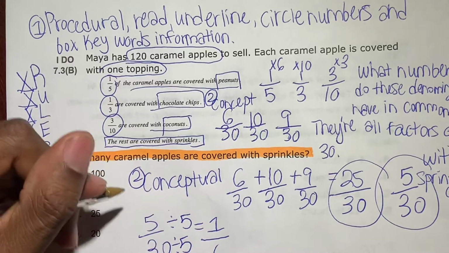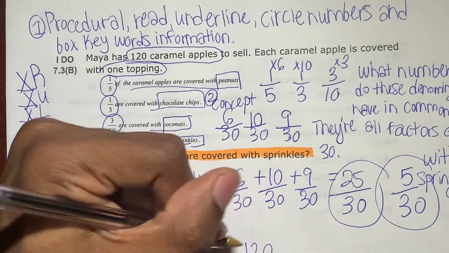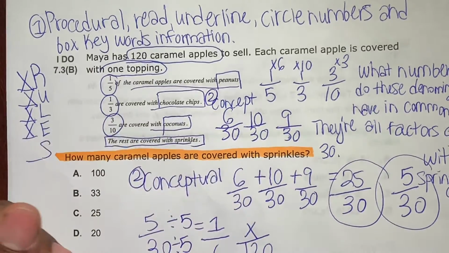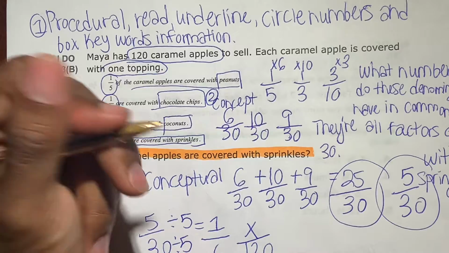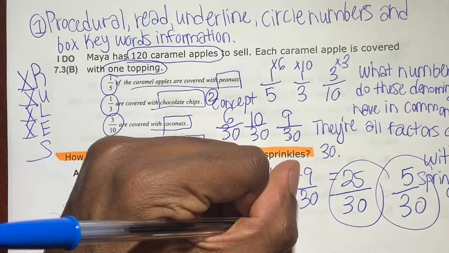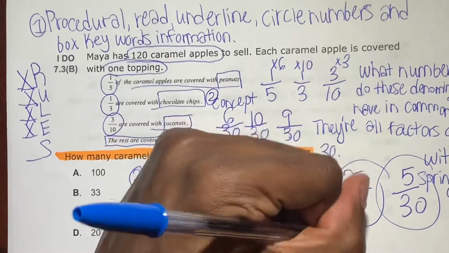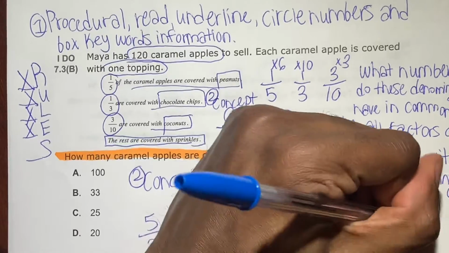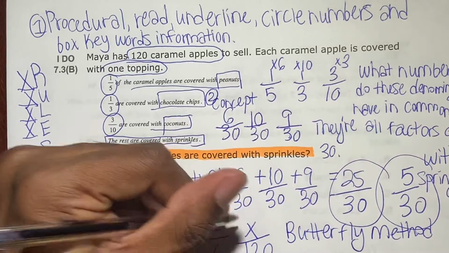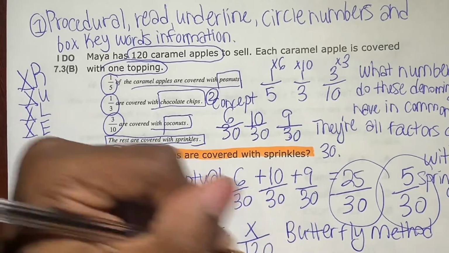And we're going to multiply 1 over 6 by 120 underneath x. And right here, we're going to use our butterfly method. So we're going to need to use the butterfly method or cross multiplication. And we multiply this out, we're going to get 6x is equal to 120.